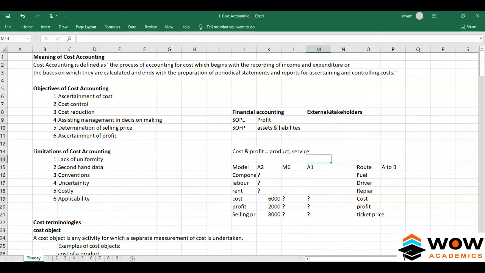But if you take cost accounting information, so these are all cost accounting information here. This cost accounting information is for internal stakeholders.